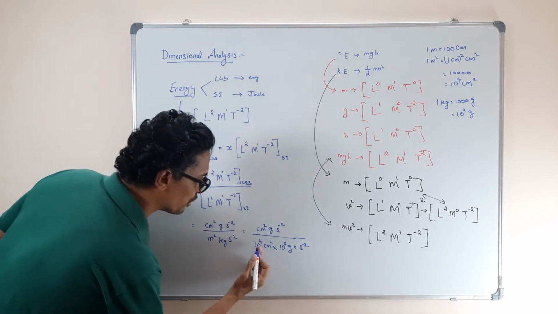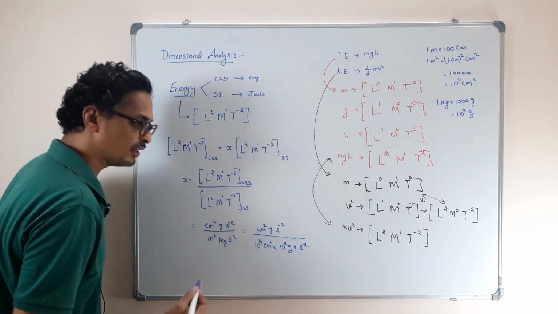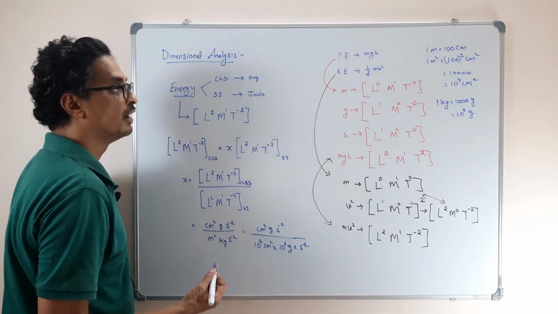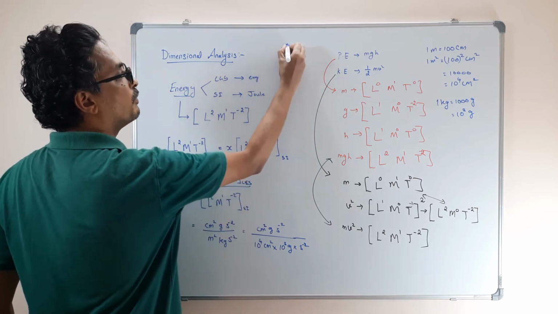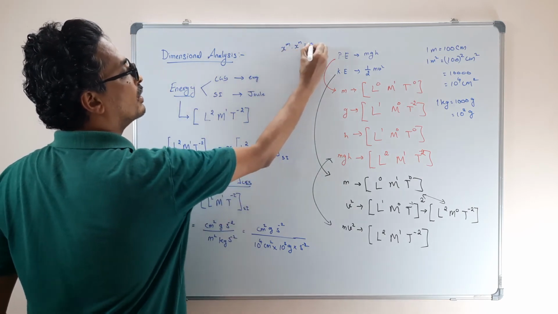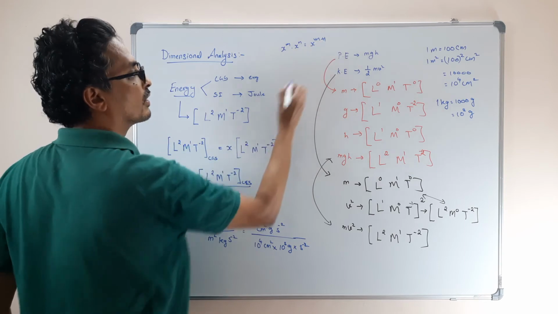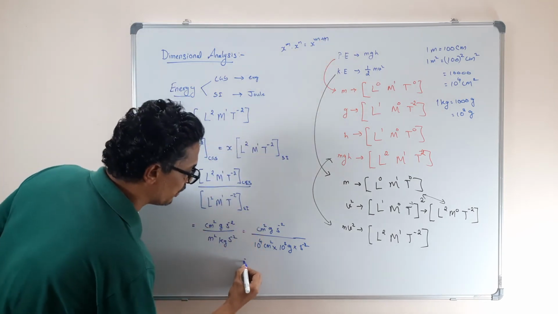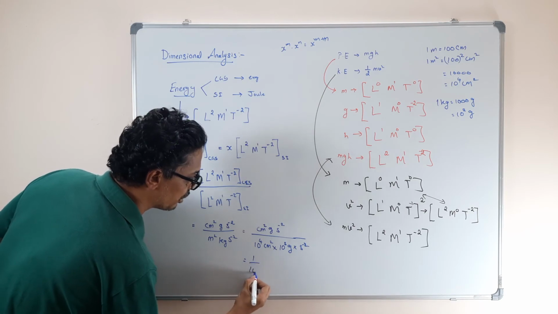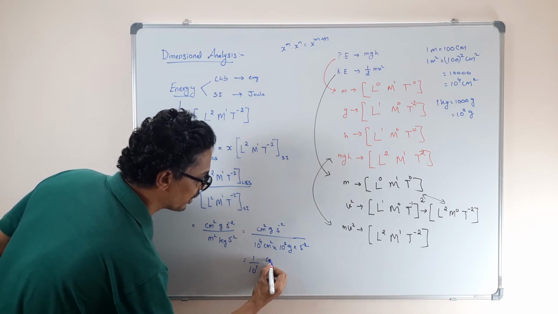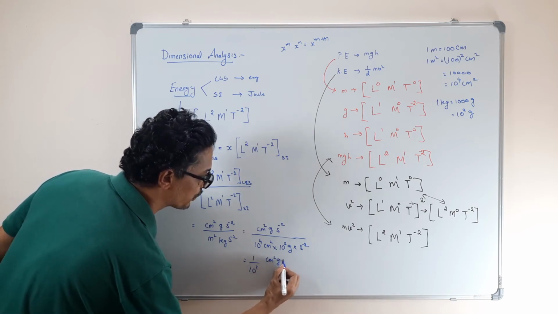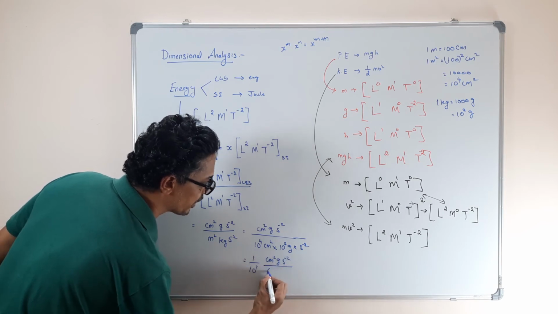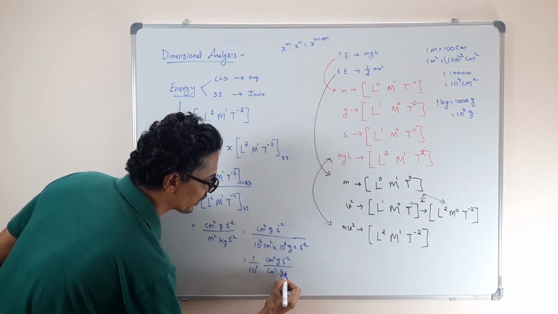So this is going to be 10 to the power of 4 into 10 to the power of 3. X power m into x power n, 10 to the power of 7. Correct? So 10 to the power of 7. So this will be 1 upon 10 to the power of 7 into centimeter square gram second minus 2 divided by centimeter square gram second minus 2.